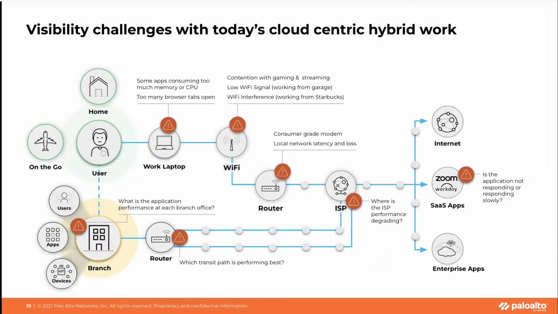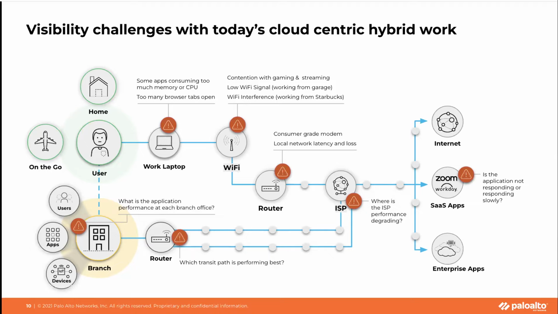Every home is a corporate office now. Work from home has redefined the network ownership boundaries, and IT is losing the visibility across the entire service delivery chain between the users and applications like user device, wireless connection, at home office, ISP, and application itself.